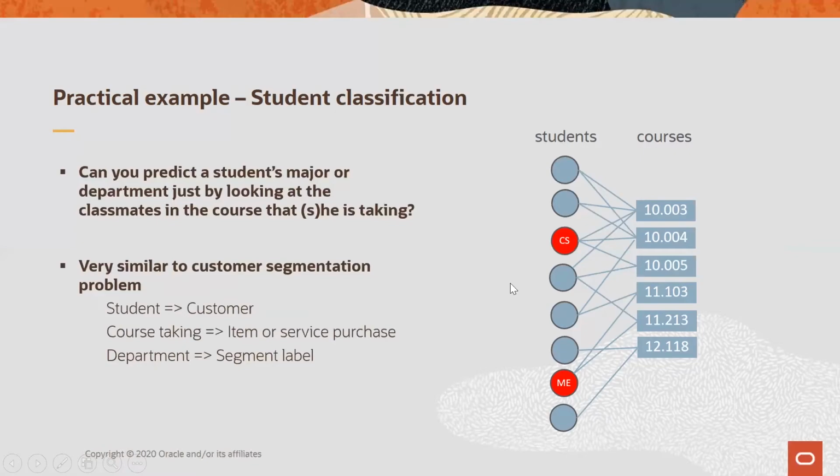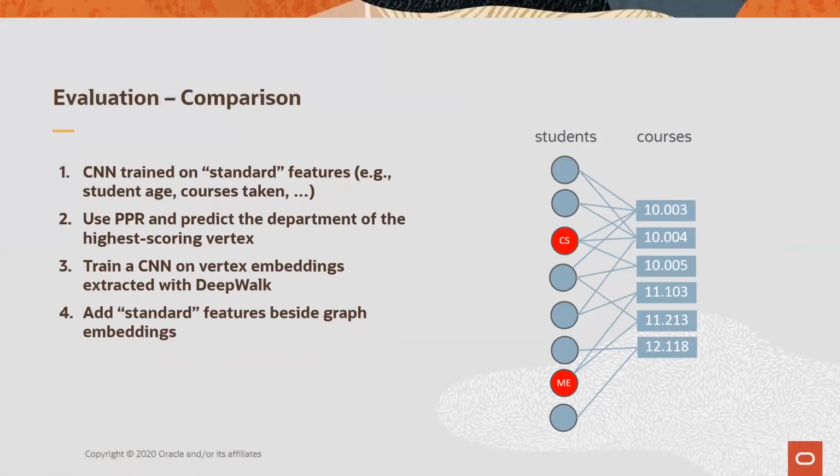On the basis of this data set, we essentially did four things. We compared the outcome just to see how accurate the predictions are. First thing we did was we trained a neural network on the standard features. So for every student, for example, we had the student's age, the courses which the student took, the gender, all this kind of standard information.